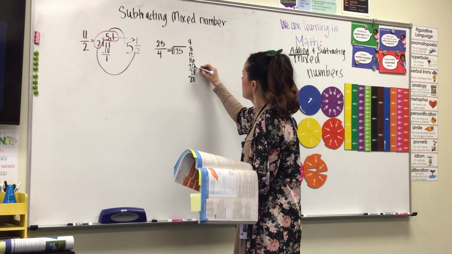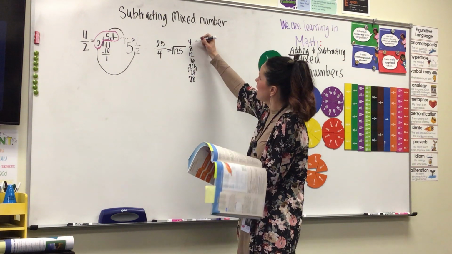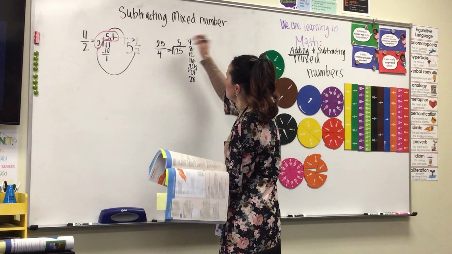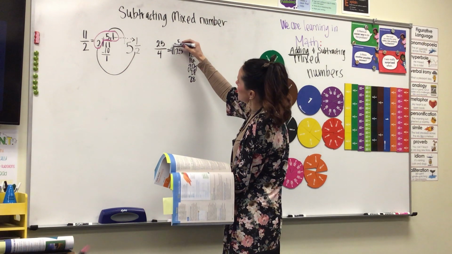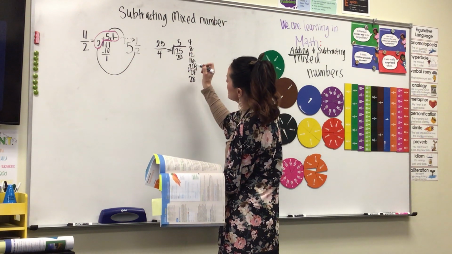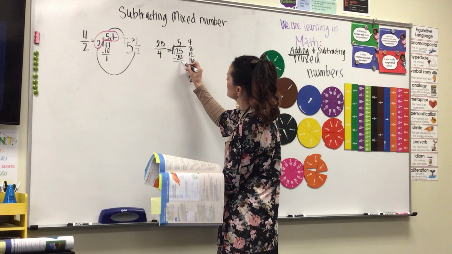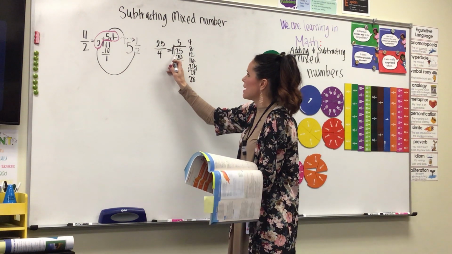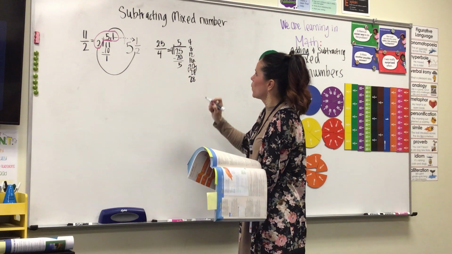25 is somewhere here. So I'm going to count down. 1, 2, 3, 4, 5 multiples. 4 times 5 is 20. I'm going to take away the difference, and I got 5. That doesn't work because 5 is still greater than 4.